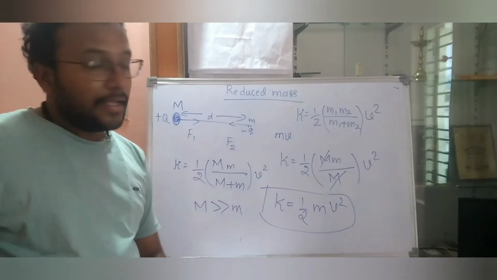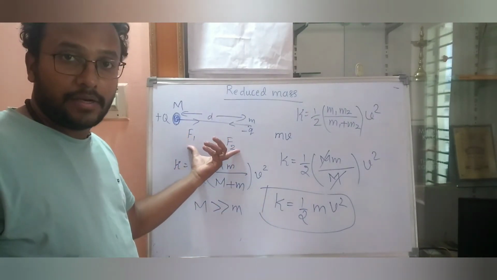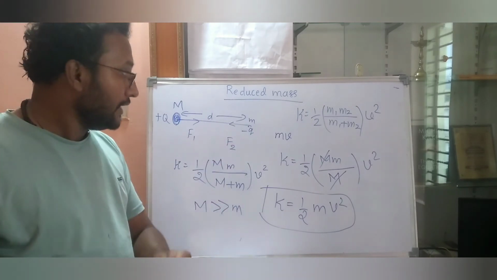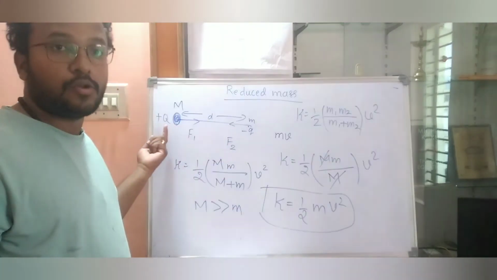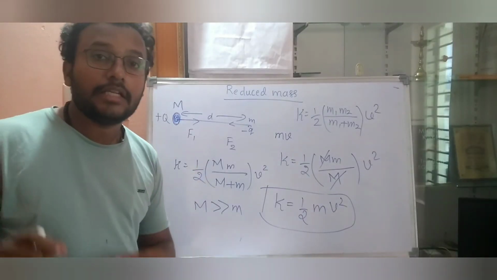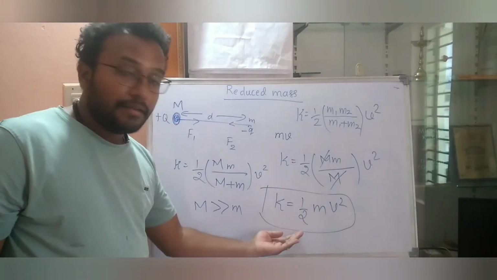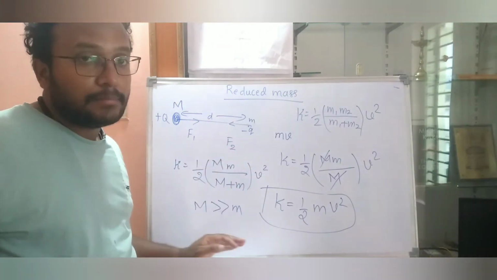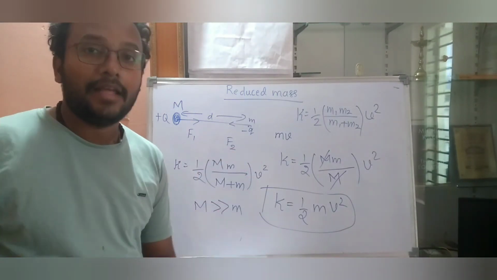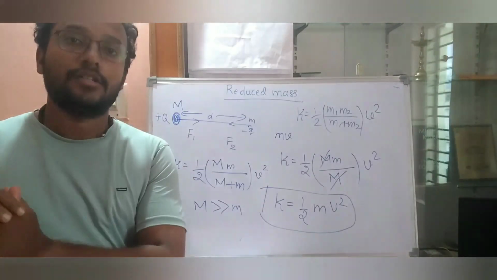The total kinetic energy of this isolated system of two particles is only the kinetic energy of the small negative charged particle, because the other is not moving, to conserve the linear momentum. We are arriving at the same thing. Therefore the concept of reduced mass is very helpful in calculating the total kinetic energy.